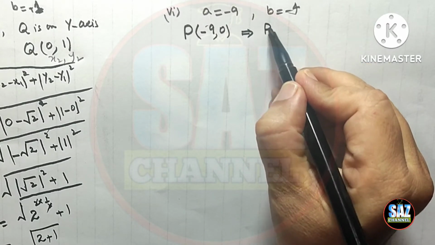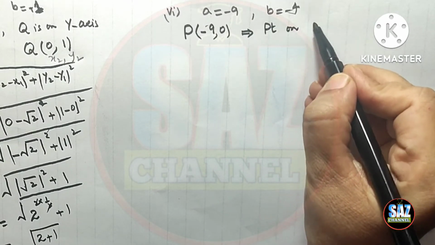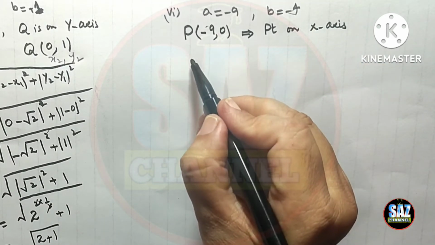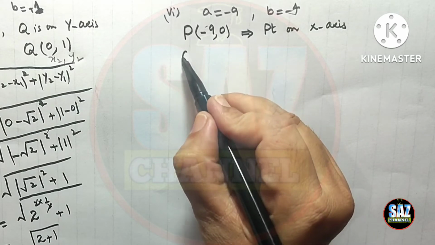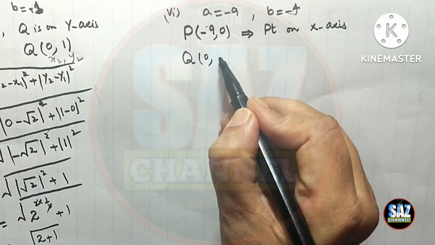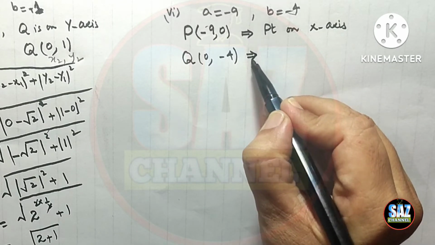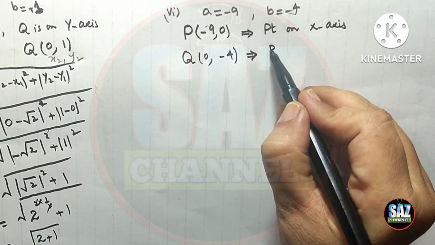And Q, B has a value of Q, and Q will have the coordinates 0 and minus 4. What is the reason? You must support your working with small statements, point on y-axis.